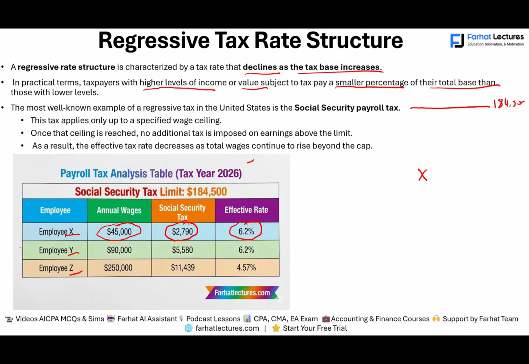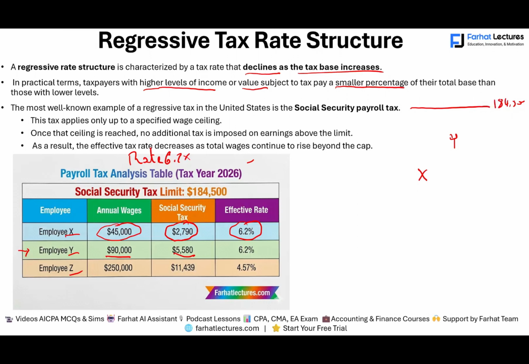Okay, great. Then we have employee Y, who earned $90,000. We multiply this amount by the rate, 6.2%, and they will pay $5,580.